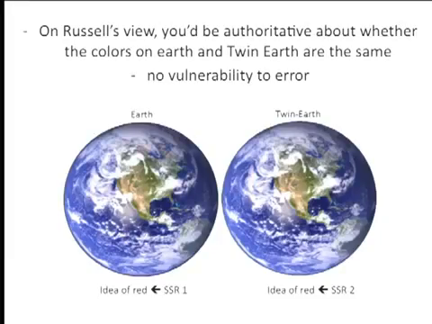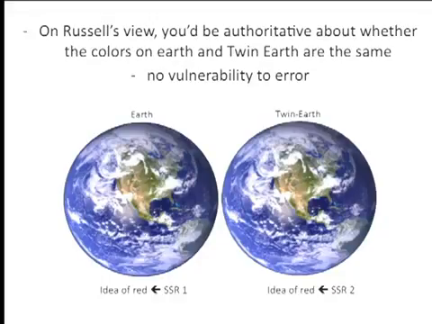because you're authoritative about when you're getting the same colour again. On Earth, you know exactly which colour red is just by looking. Your vision just tells you exactly which colour it is. You've got this perfect comprehensive knowledge. So then, if you're swapped to twin Earth, when you look at the colours of the objects around you, just by looking at them, you have perfect comprehensive knowledge of which colours these are.